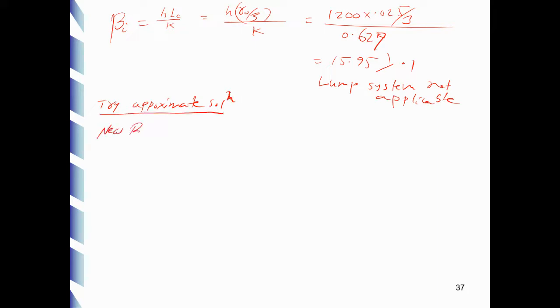Then the new Biot number will be hLc by k. h is 1200, and in this case the Lc will be R0, right? Only R0 divided by k. 1200 times 0.025 divided by k, 0.627, equal to 47.8.